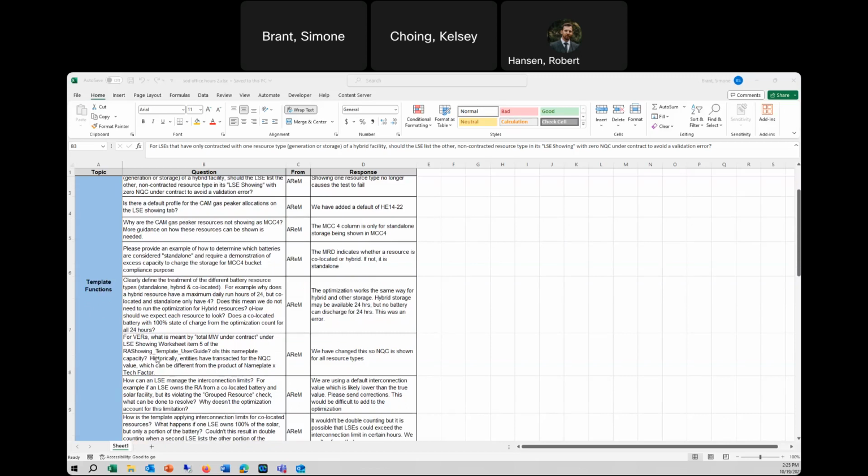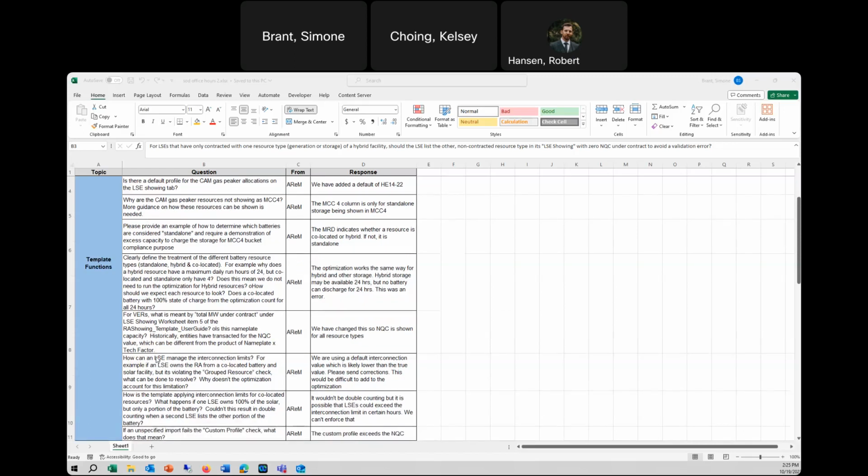For VERS, what is meant by total megawatt under contract under LSE worksheet item 5 of the RA showing template user guide? Historically, entities have transacted for the NQC value, which may be different from the nameplate times the temp factor.